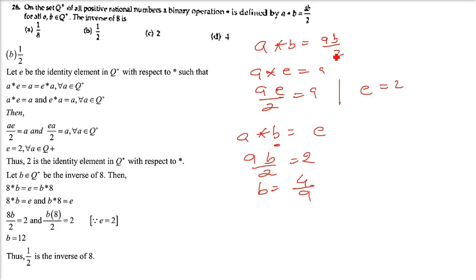So just replace A by 8. And 4 by 8 you can write as 1 by 2, because the option here is 1 by 2. Just put A as 8. B equals 4 by 8, which is 1 by 2. Okay, so 1 by 2 is the inverse of 8.